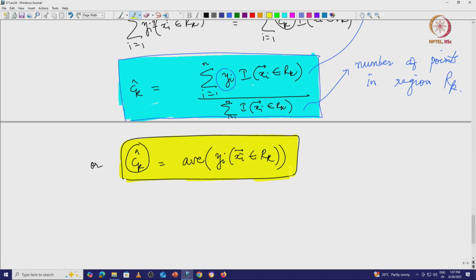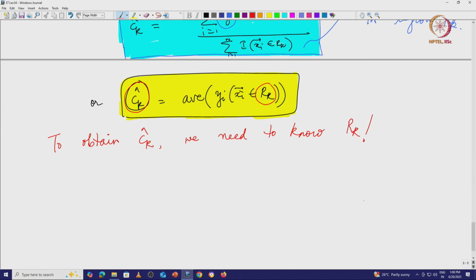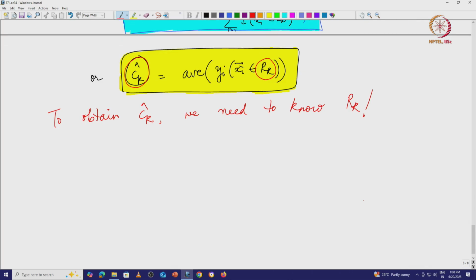So now one important question may be coming to your mind. Clearly to compute these, you need to know the regions. So to obtain Ck hat, we need to know the Rk's, you need to know the region k, and so far we have not given any prescription for determining the Rk's.